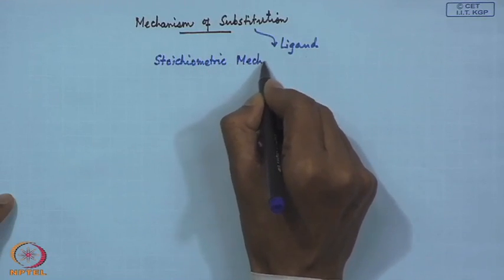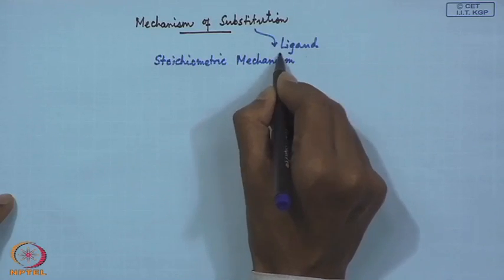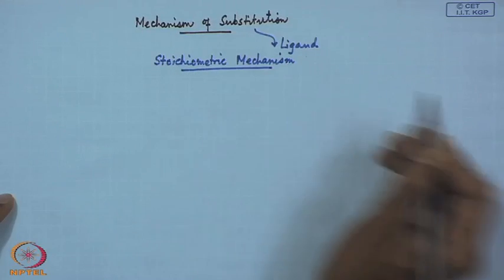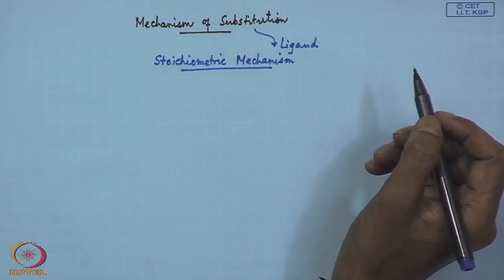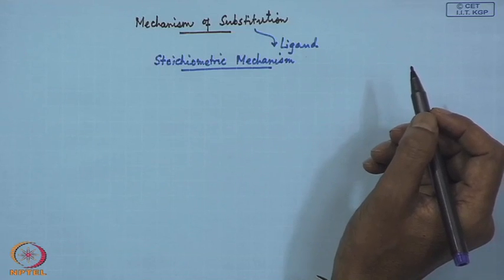So, whatever mechanism we can have is based on the stoichiometric addition of the ligand to the metal center.